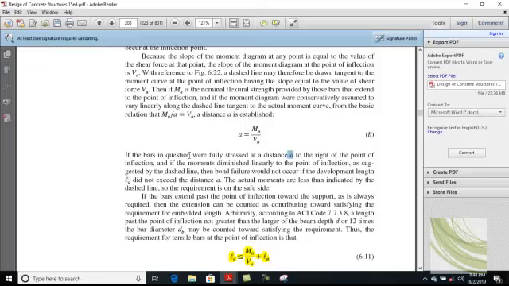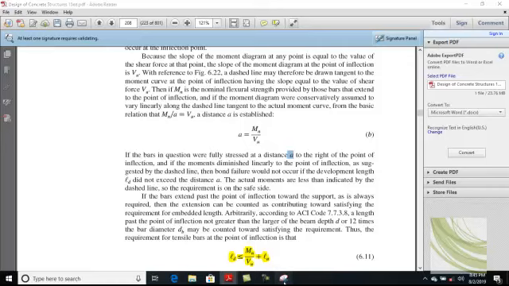At a distance a to the right of the point of inflection, and if the moments diminished linearly to the point of inflection as suggested by the dashed line, then bond failure would not occur if the development length Ld did not exceed the distance a. The actual moments are less than indicated by the dashed line, so the requirement is on the safe side.